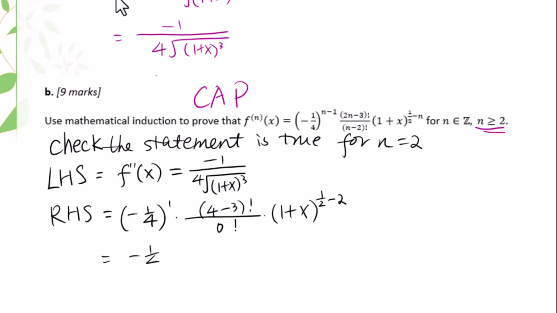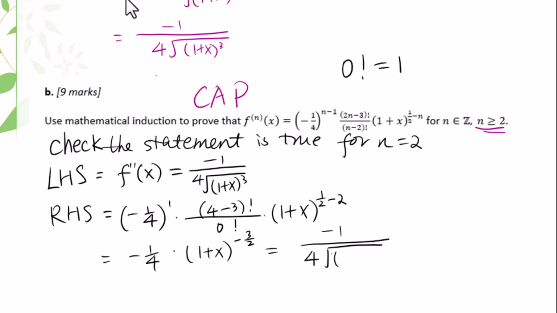Organize: -1 over 4, this is 1 over 1, since 0 factorial equals 1, times (1 plus x) to the -3 over 2nd power. Organize: -1 over 4 square root of (1 plus x) to the third power. Since left-hand side equals right-hand side, it's true for n equals 2.